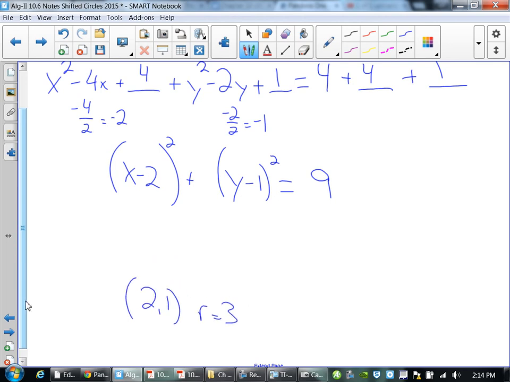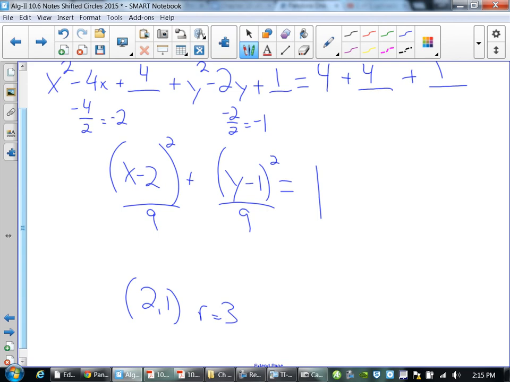Now, if I do this, what does my fraction on the right become? 1. Now, to be able to distinguish between an ellipse and a circle, the circle gets the same number for its denominator.